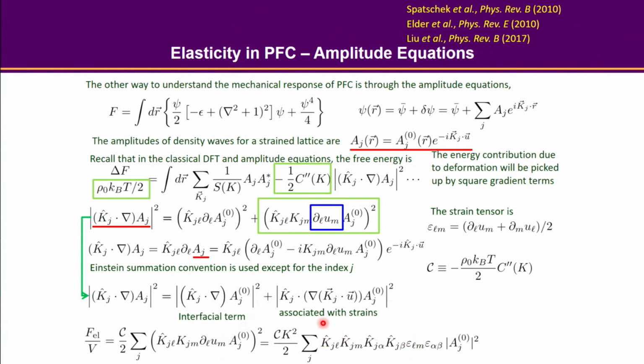So the coefficient here involves the product of reciprocal lattice vectors. And I'm going to sum, for example, if j equals 1, this will be K1, and you have to let me know which spatial dimension L is in. So L, M, alpha, beta, all the possibilities from 1 to 3, because in 3-dimensional space, that's X, Y, Z.